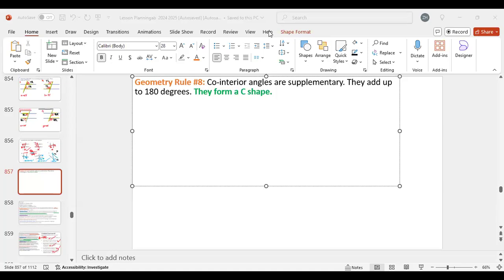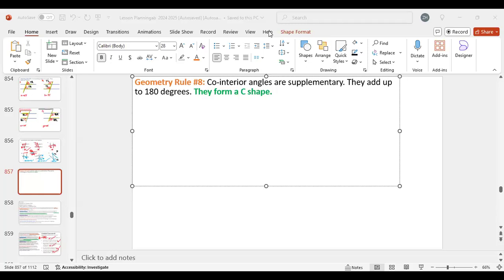And Ramon, what do we know about co-interior angles? Supplementary. What does that mean? They add up to 180 degrees. Very good. Ramon, are you writing this down and sending the work to me? Not right now. What are you doing? I'm in the car. Okay, you're in the car. But I need your notes, Ramon. After class, you have to write them down. I need them. Okay?